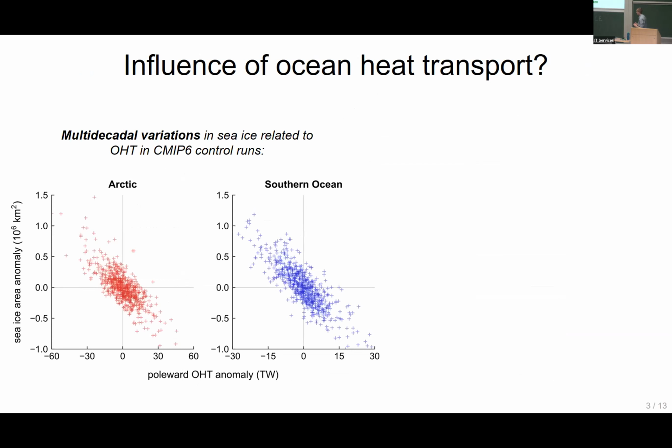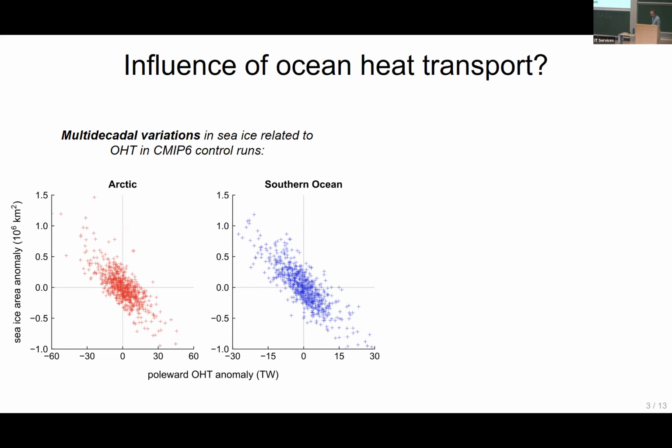For example, if you take the control simulations of these models and look at the multi-decadal variability, the unforced, free-running simulations, and plot anomalies in total sea ice area on the vertical axis for each hemisphere against the total heat transported by the ocean at the same time scales, you can see a clear relationship between the two quantities: when you tend to have more heat being transported towards the poles, you tend to have less sea ice.